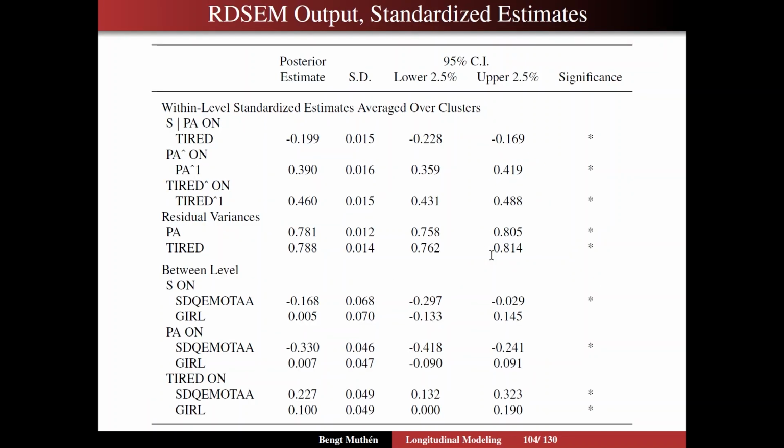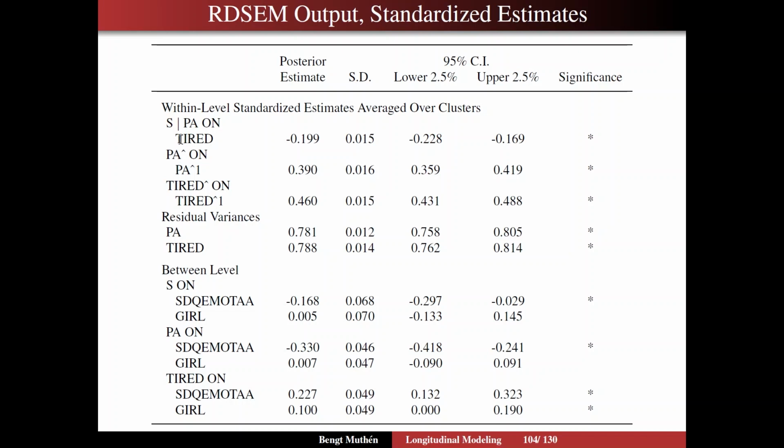And here are the estimates. So here are the standardized estimates, and since it's within level, and since we have random slopes, there will be the individually standardized estimates averaged over clusters, averaged over people. So let's focus on this PA on tired regression.